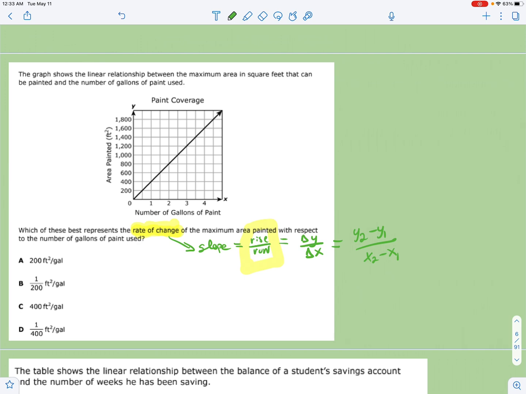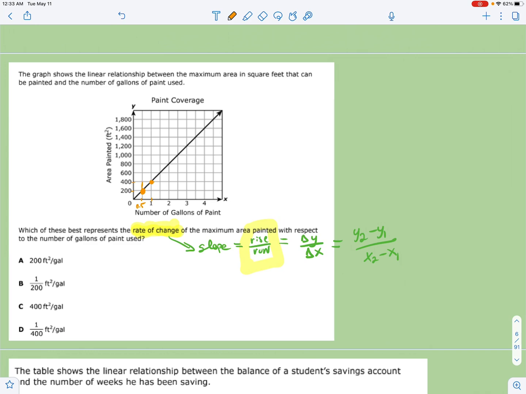But we first have to identify 2 points. So let's do that. We have a point here where the y is 200 and the x is 0.5. And then here is another point where our y is 400 and our x is 1.